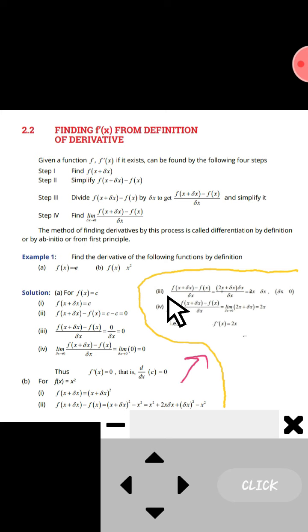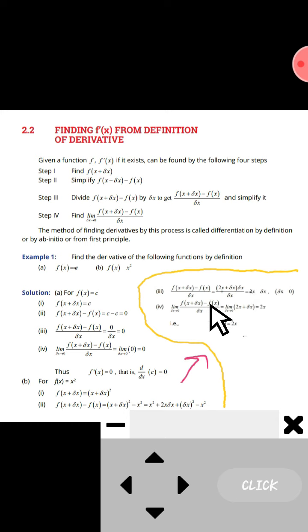Now we have step 3, f of x plus delta x minus f of x upon delta x, which will be delta x into 2x plus delta x, upon delta x. Here we have taken delta x as common. In 2x delta x plus delta x whole square, when we take delta x as common, it will be 2x plus delta x.